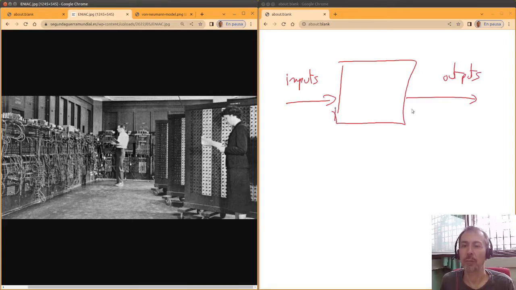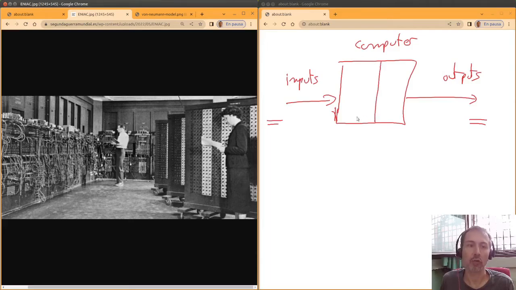It was mostly done by paper, punched cards and that kind of inputs and outputs. But anyway, we need something here. This is the computer that processes inputs and generates outputs.